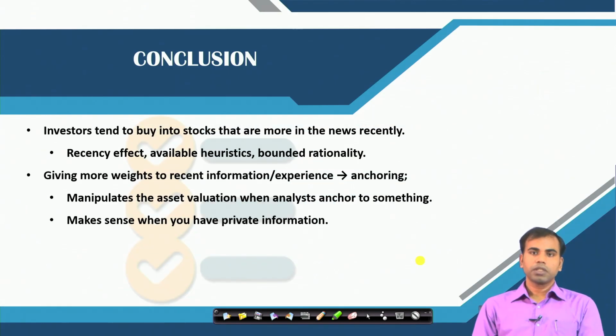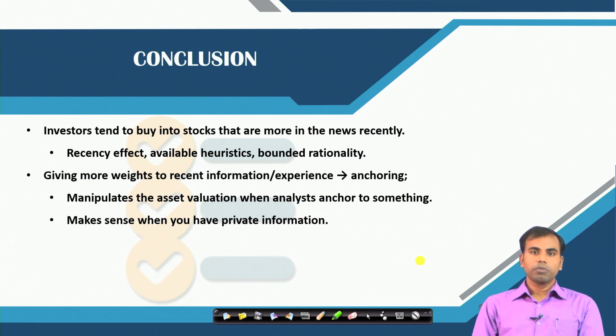To sum up the discussion of this session, we know that investors tend to buy stocks which have been more in the news recently. The reason is they are more familiar and the information is easily available. That is why they overweight the information which is available for free.